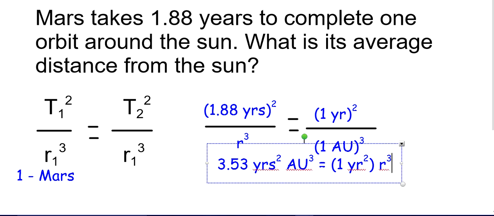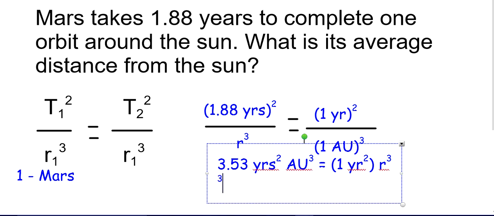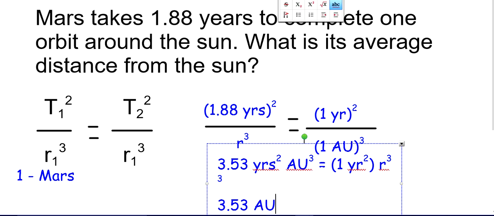So then how do I solve for that? Well, I divide by 1 year squared, and when I do that, the year squared is going to cancel, so that's going to leave me with 3.53 AU to the third power is equal to r to the third power.